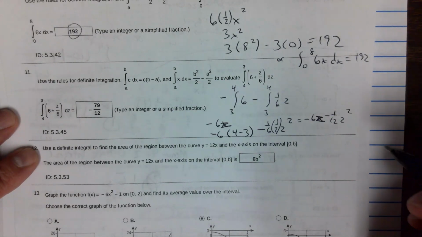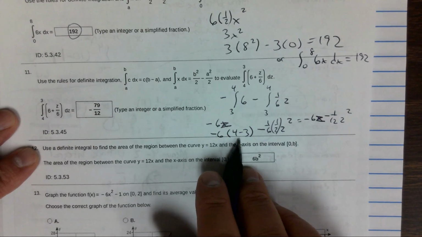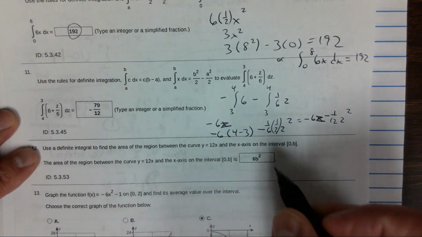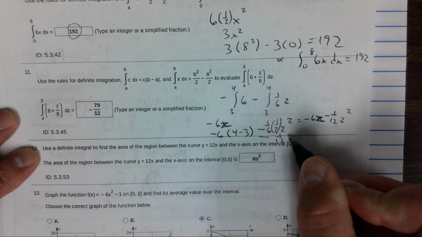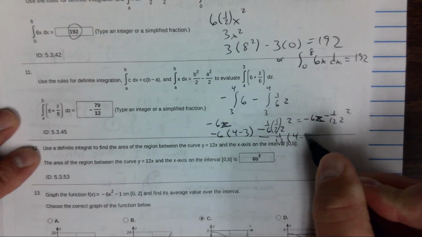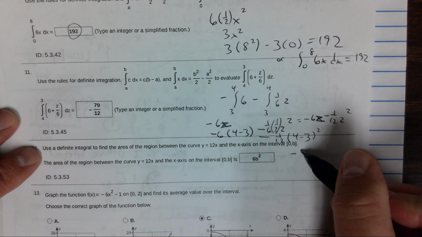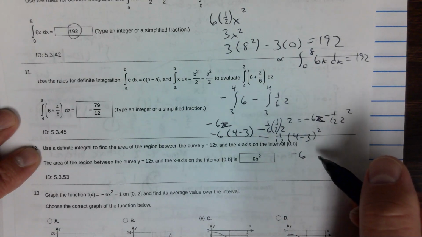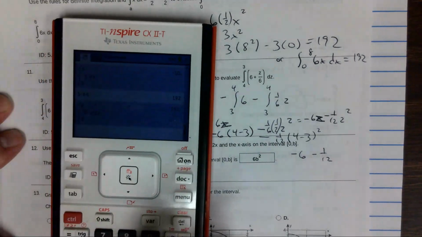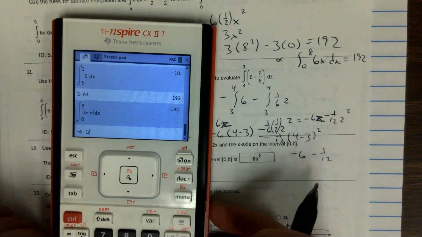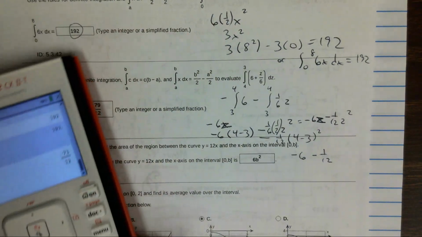Okay, so we're evaluating that, and so there's the negative 6, and then 4 minus 3, and then minus 1/12, 4 minus 3 squared. So that's going to be negative 6 times 1 minus 1/12. And so negative 6 minus 1/12 is negative 73.